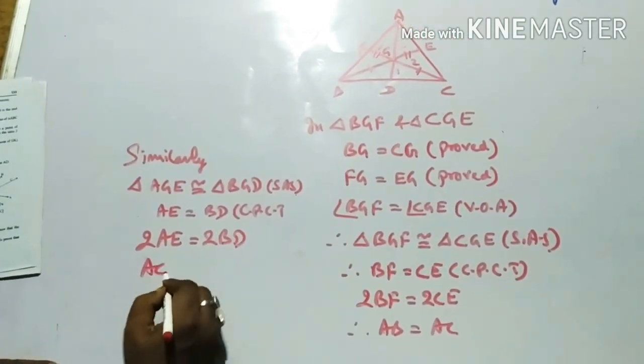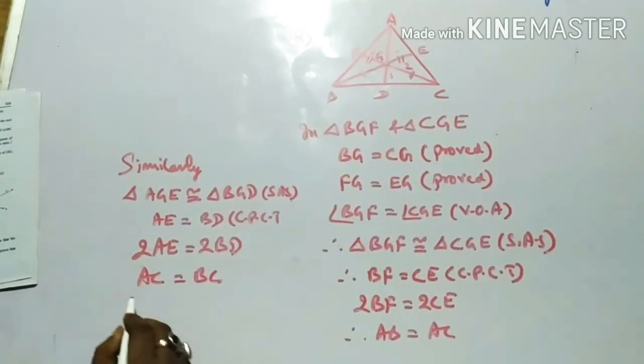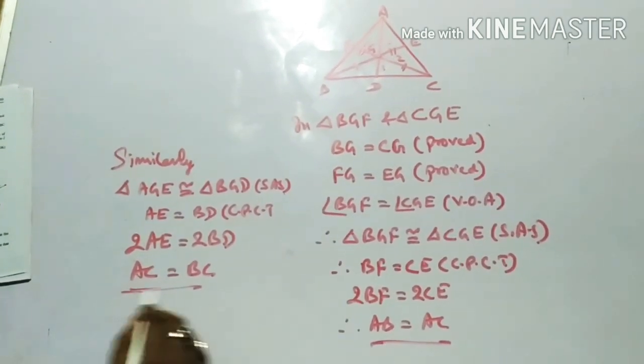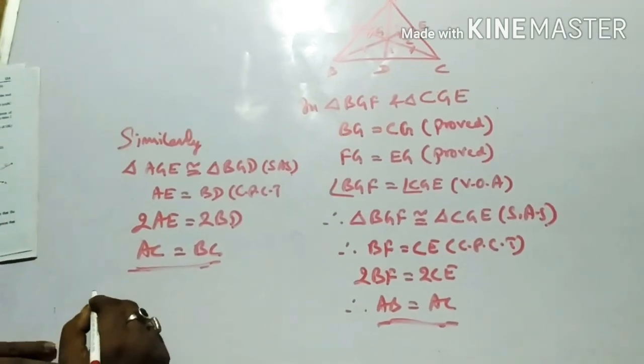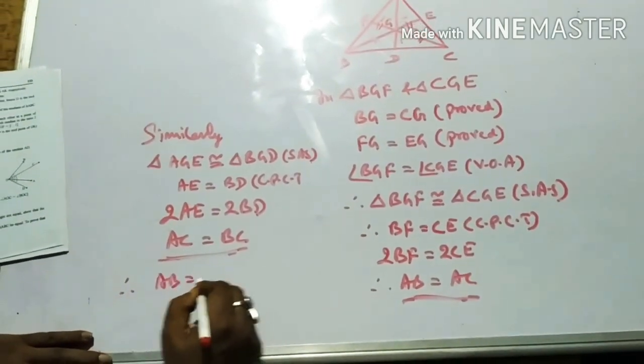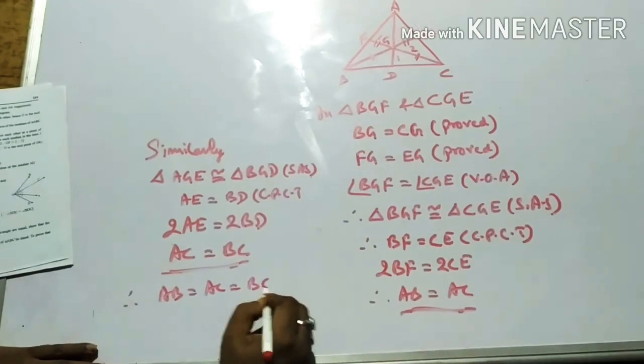So AC will be equal to BC. From these two statements, I can conclude that AB equal to AC equal to BC.